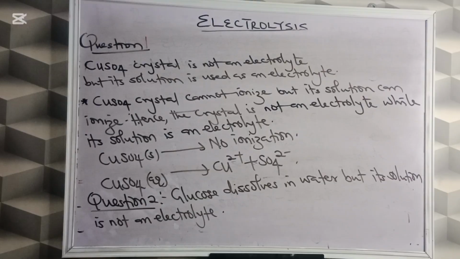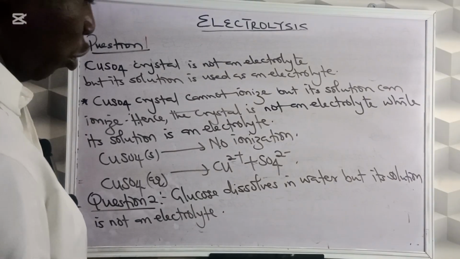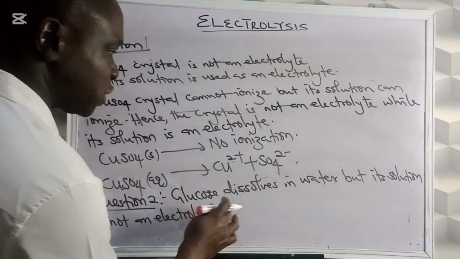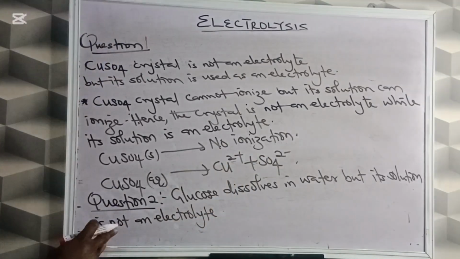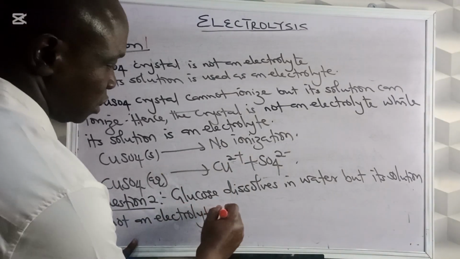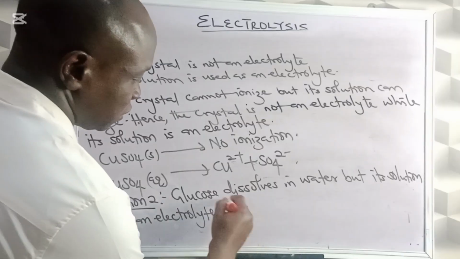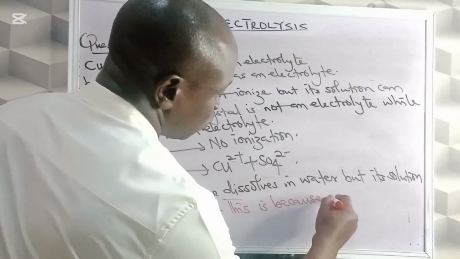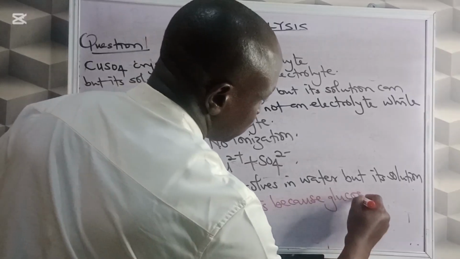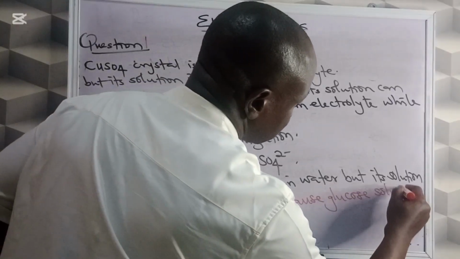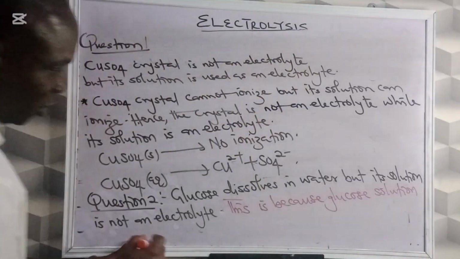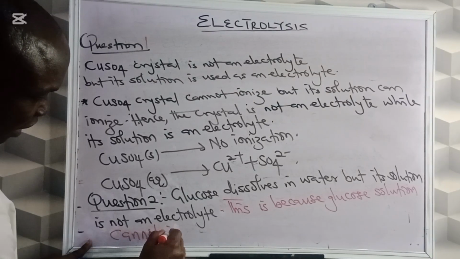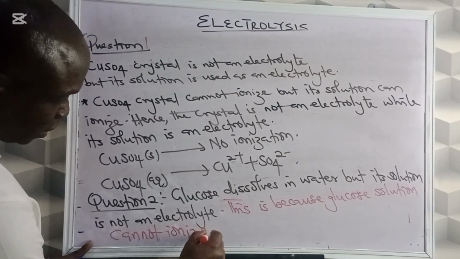It will dissolve in water due to the presence of hydrogen bonds, but the solution is not an electrolyte. This is because glucose solution cannot ionize in solution.